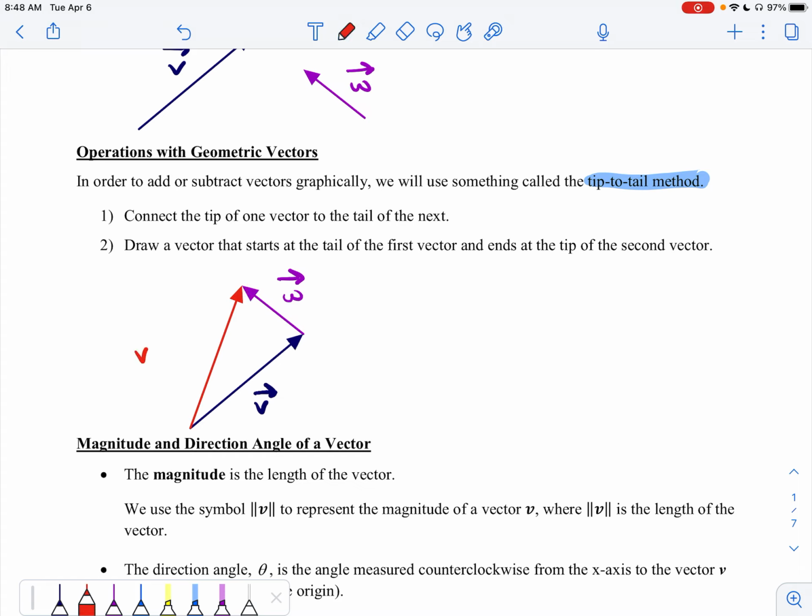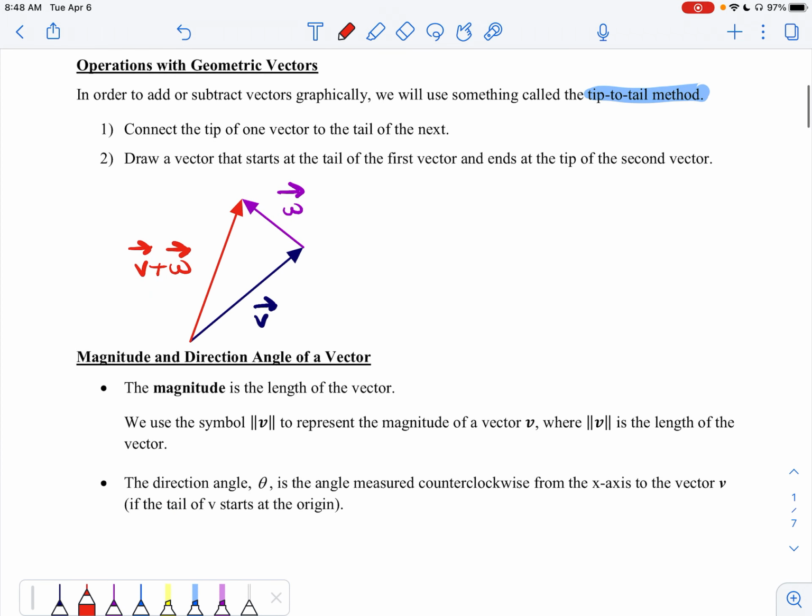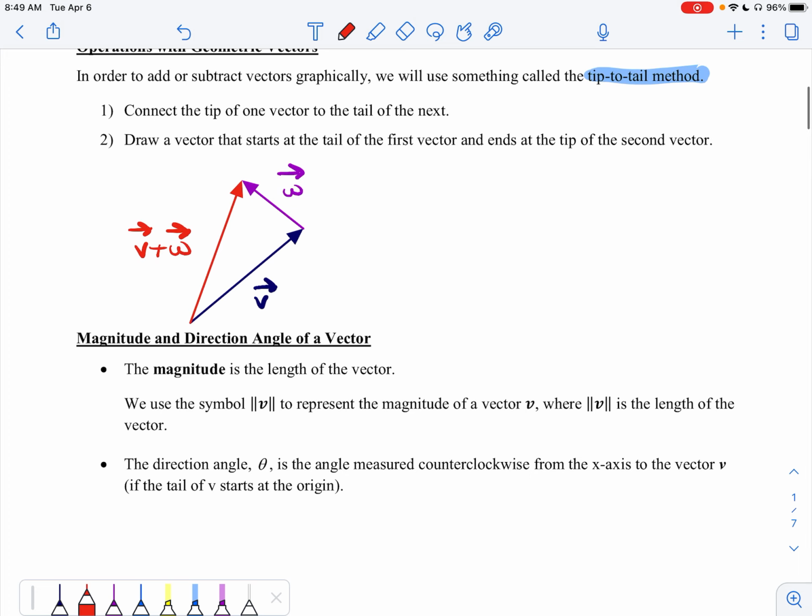So this would be our resultant vector, V plus W. This is the idea of the tip-to-tail method of adding vectors together. There are other methods that you can use. There's another one where you can draw out a parallelogram. I personally like the tip-to-tail method a little bit better. I think it's just a little bit easier to see. So this is the method that we're going to be using in this video.